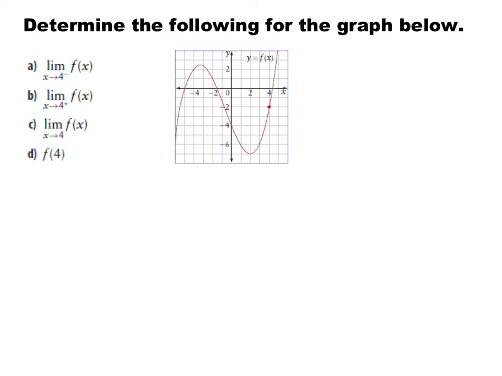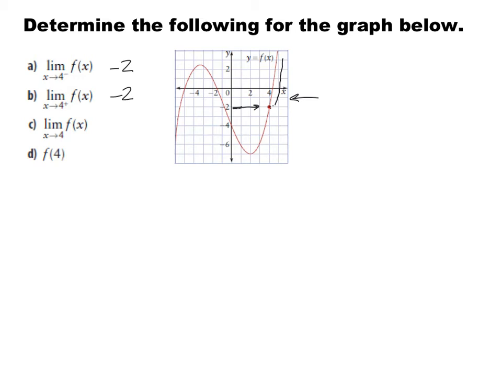We can see that if this is x, if we go from the left of 4, meaning this way, the limit is going to be -2. When we are going from the right, meaning this way, and then when we approach 4, the limit is -2 again.